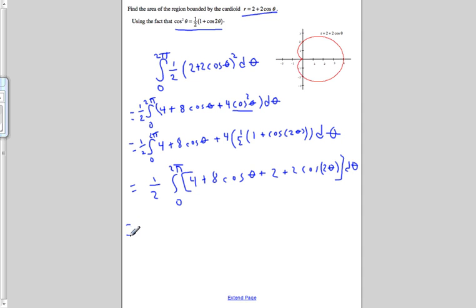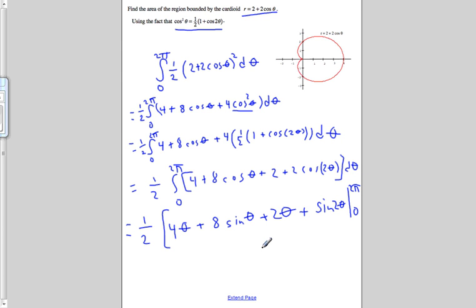So now we can actually do the integration. 4 integrates to 4 theta, 8 cosine theta becomes 8 sine theta, plus 2 theta, and the integral of 2 cosine 2 theta is just sine of 2 theta. And we're integrating from 0 to 2 pi.